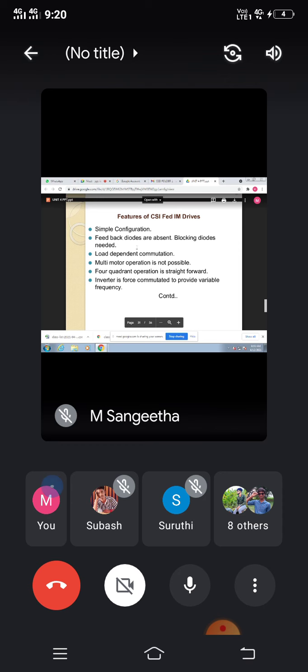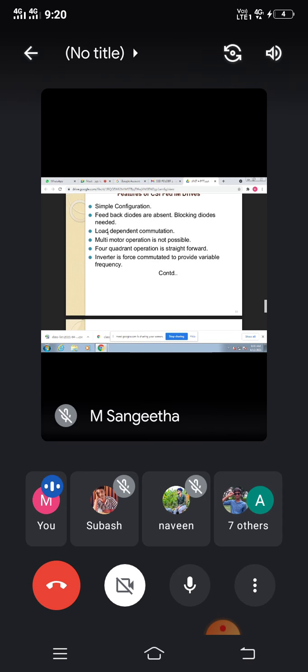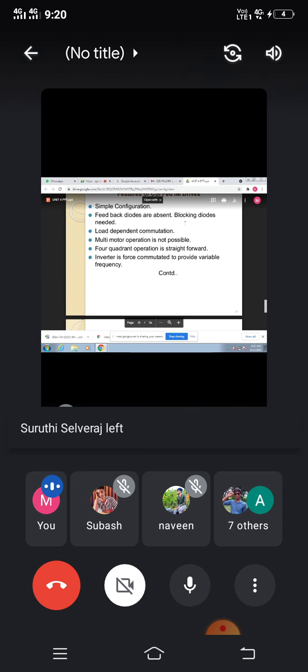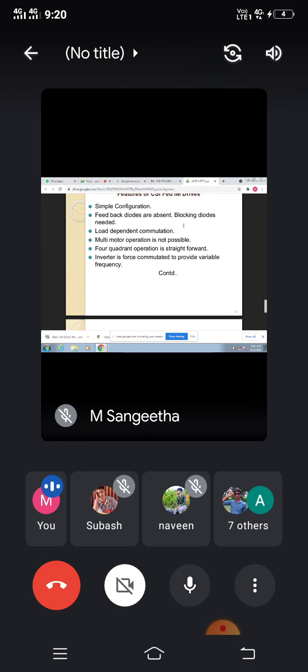So the circuit ignores the feedback diodes. Apart from this, we need blocking diodes, because the blocking diodes block or do not allow reverse flow. One blocking diode is needed across each SCR.